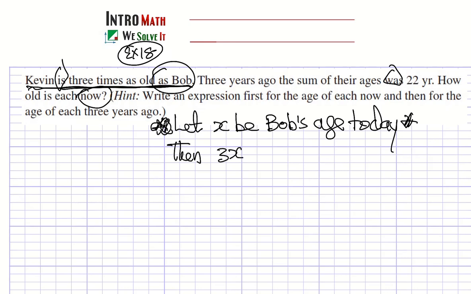That's Kevin's age. 3x is Kevin's age today. That's what that means, because that's what it says here.